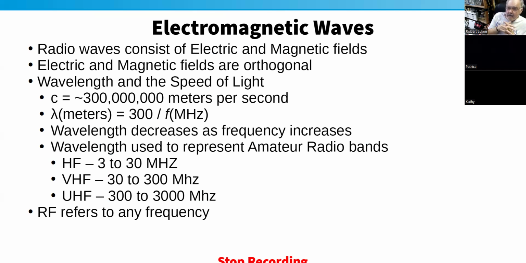And that's where we use this little shorthand formula of 300 divided by the frequency in megahertz. So that way we get rid of those 6 extra zeros. And obviously the wavelength is going to decrease as the frequency increases because you're dividing 300 by larger numbers. Therefore, the wavelength gets smaller and smaller.